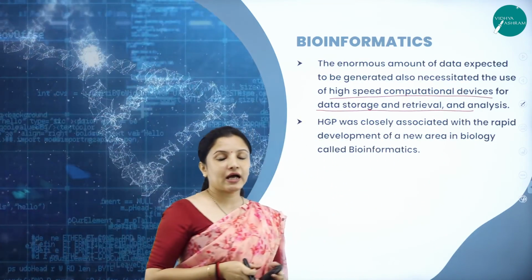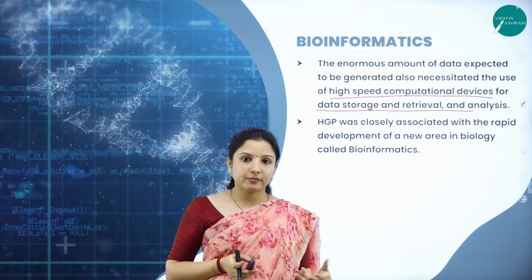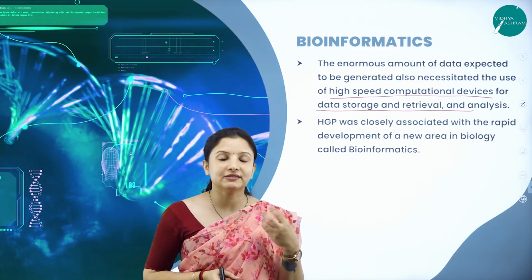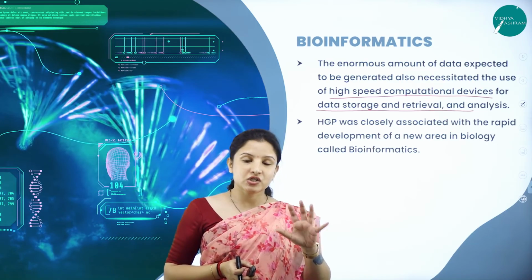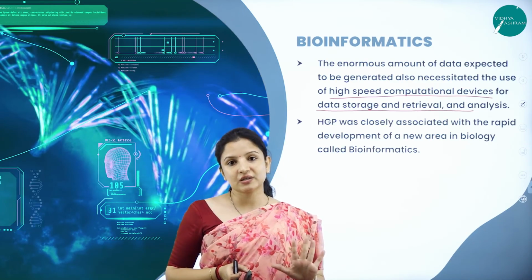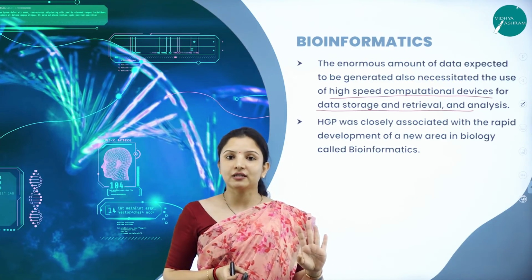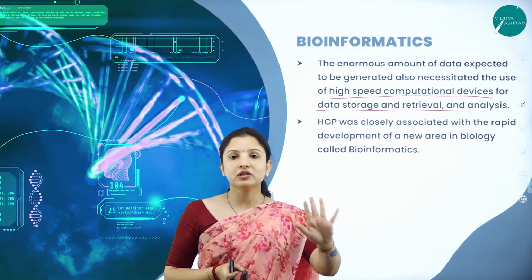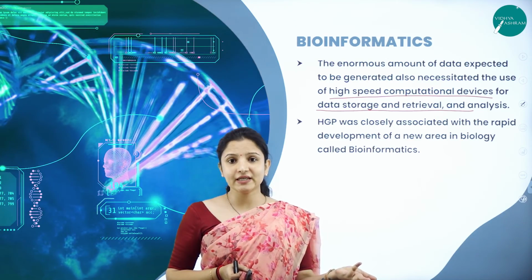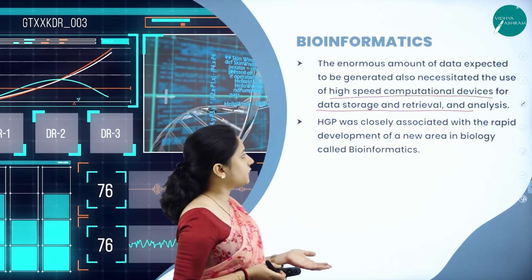Now we also have certain websites under bioinformatics, called NCBI and others, wherein just sitting at home, at your fingertips, you log into NCBI, and whatever DNA sequence of any organism you want, you'll get it on that website. It's very easy, you'll get all the information at your fingertips.